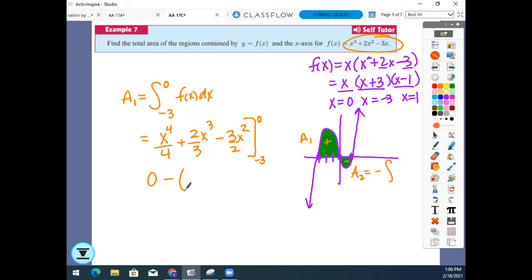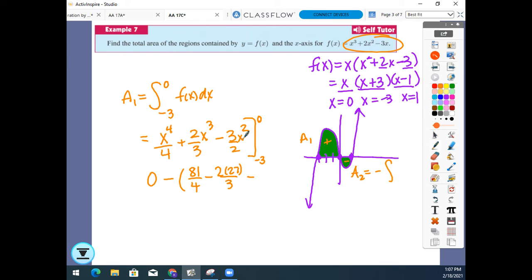Minus, here's the trickier part. Negative 3 raised to the 4th is 81/4. This is going to be a minus because if I take negative 3 to the 3rd, that's negative 27, so that makes that a minus. So this will be 2 times 27 divided by 3. Let me write it this way because that'll get rid of our fraction.